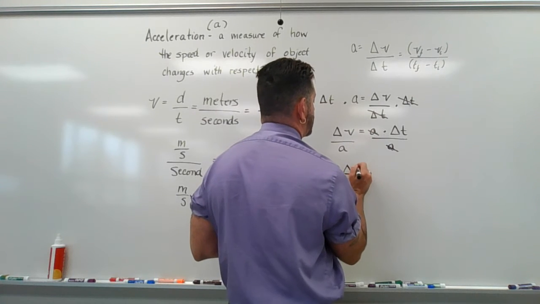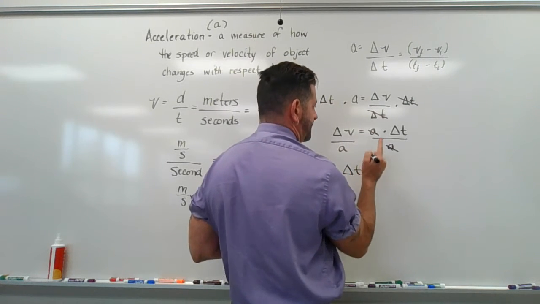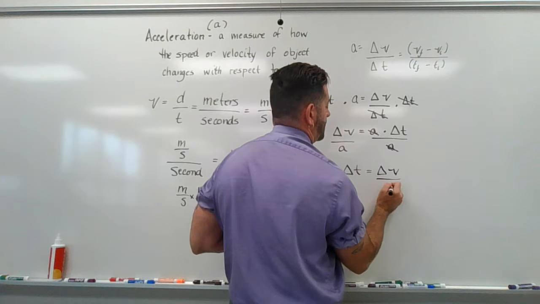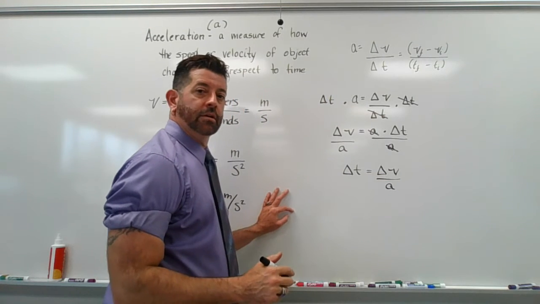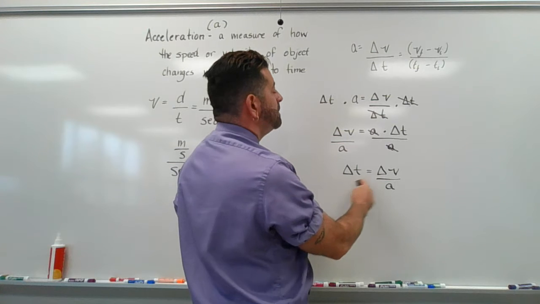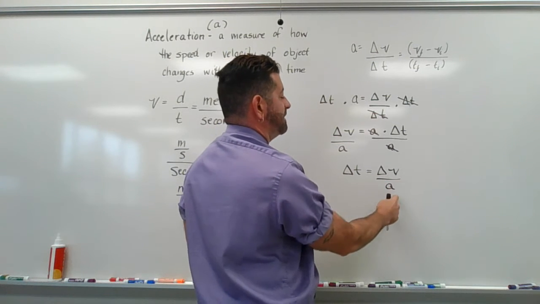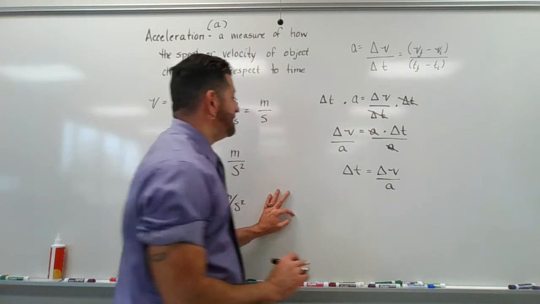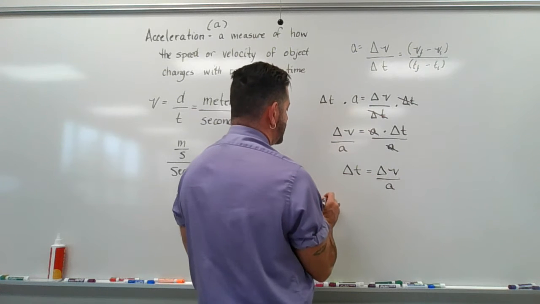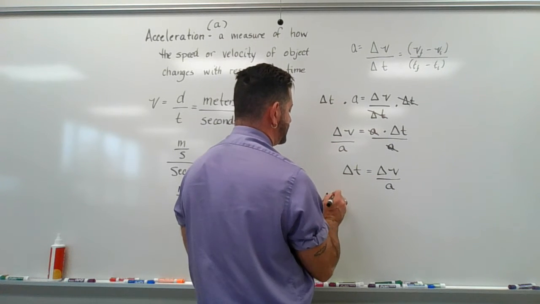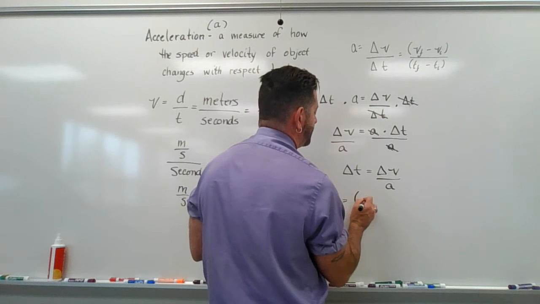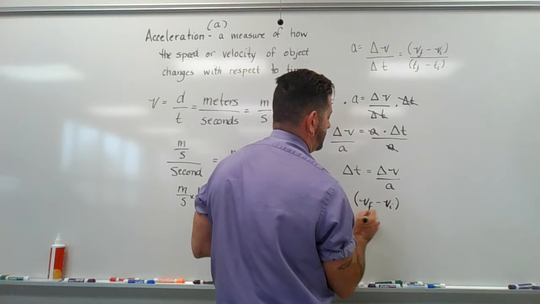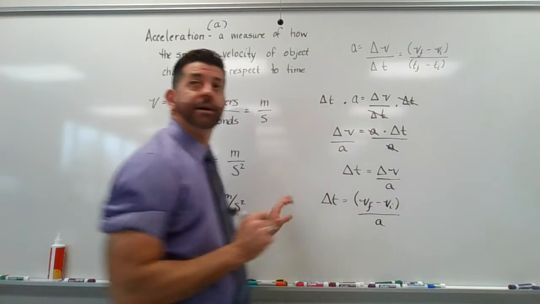We can say delta T, our change in time, is equal to delta V over A. So if we want to know how much time it took, we just take our change in velocity and divide it by the acceleration we're given. Easy peasy. So then we just replace this and say that the change in time, delta T, is equal to the final velocity minus the initial velocity divided by A.